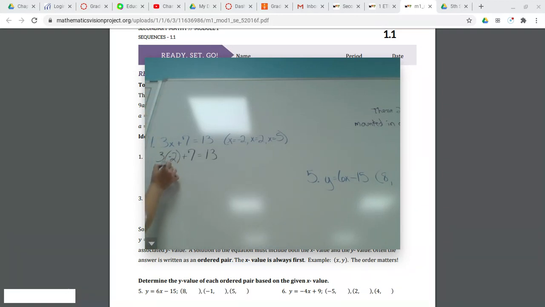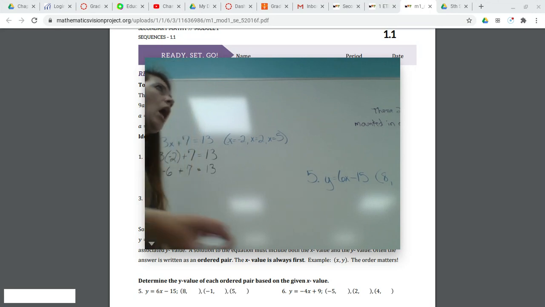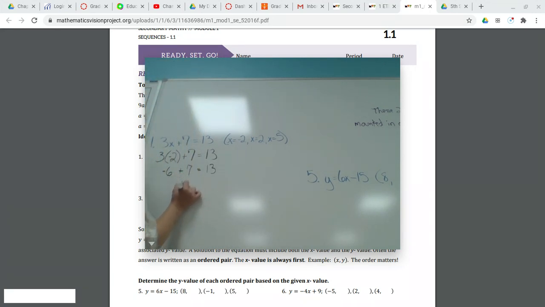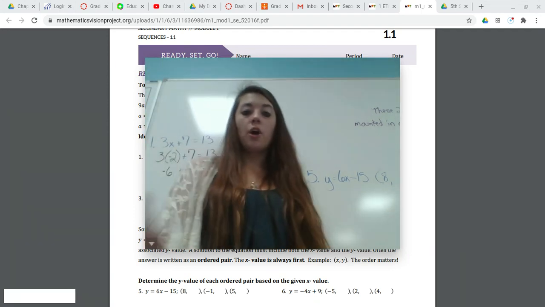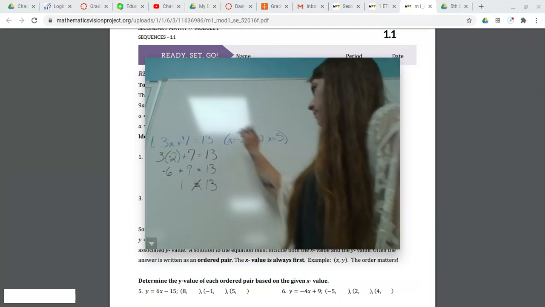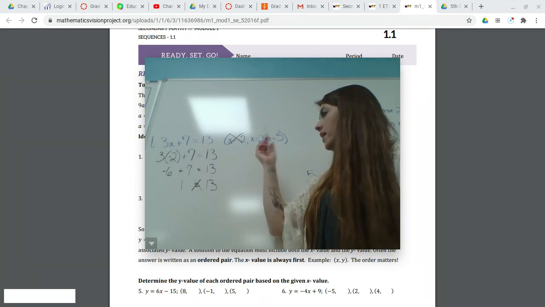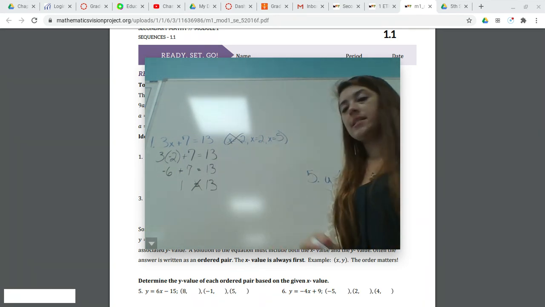So 3 times negative 2 is going to give us negative 6 plus 7 equals 13. Negative 6 plus 7, what is that? Is that 13? Goodness, no, that's just 1. Does 1 equal 13? No, not a chance. So x equals negative 2 is not a solution to this first equation. So now we're going to try again with the next one, x equals 2. And we're going to see if that one works.